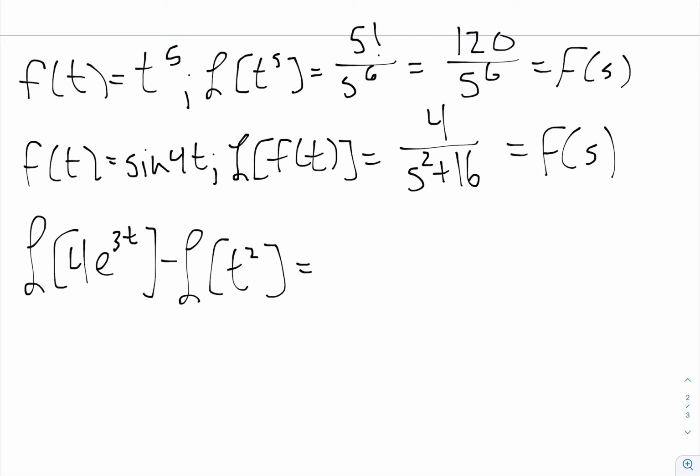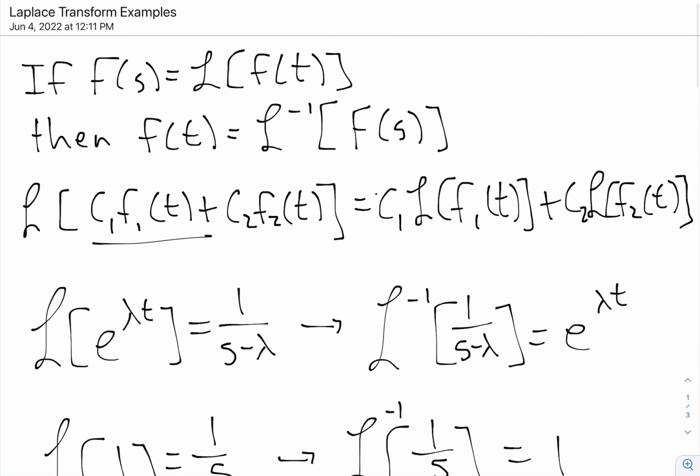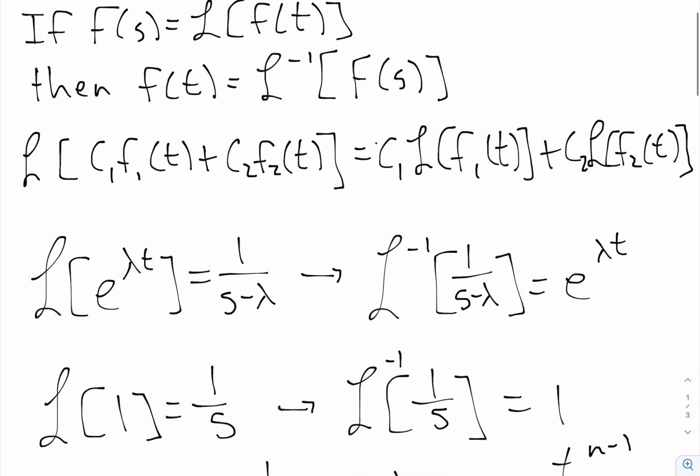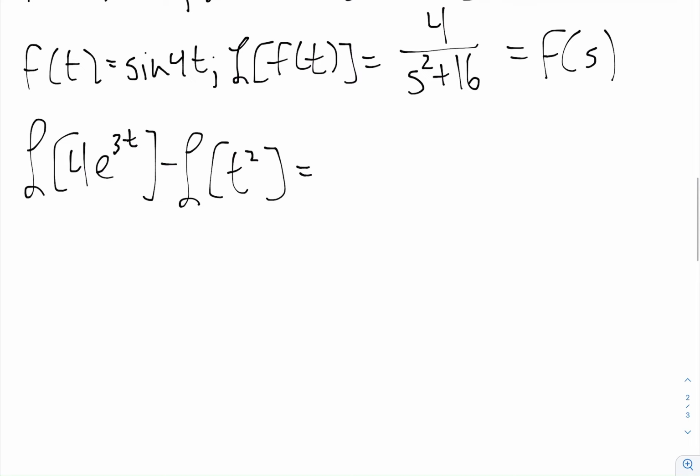So remember, this 4 here, we can also factor out, because up top I said if we had a c in front, we could factor that c out, so we could go c times the Laplace transform. This is going to be equal to 4 times the Laplace transform of e to the 3t.